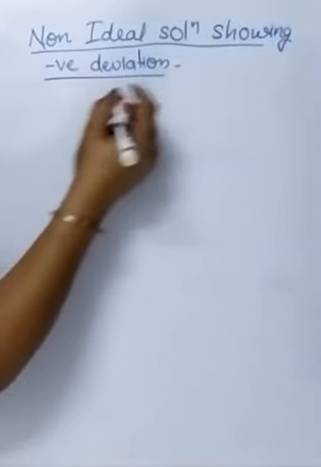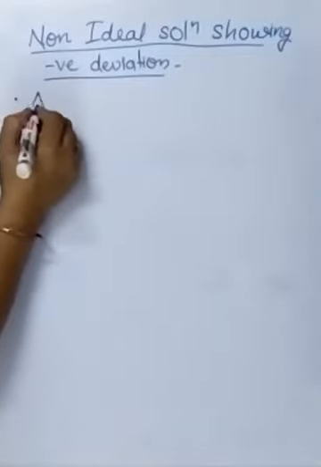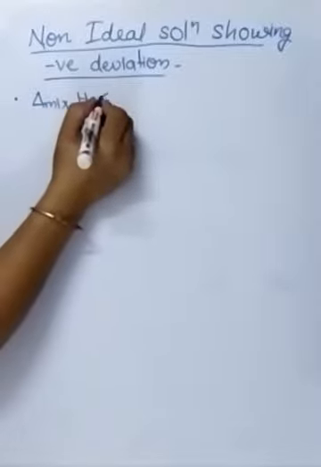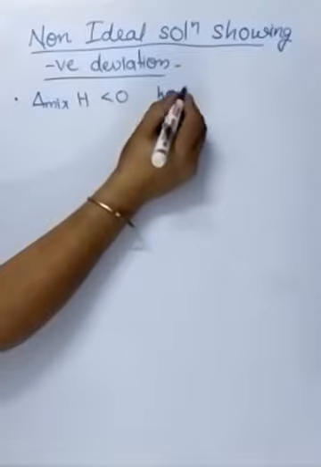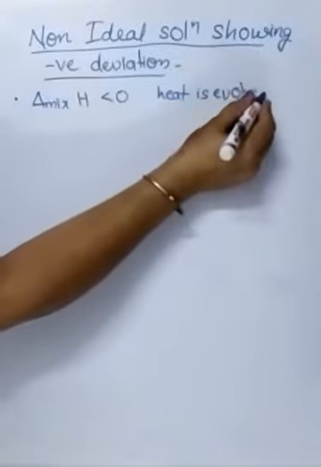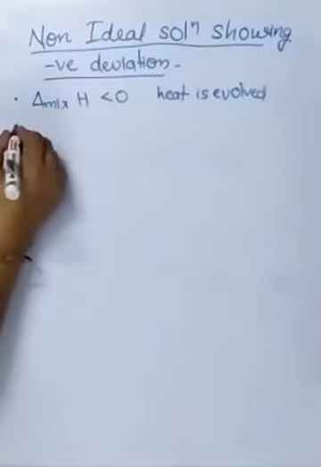Now it's easy for you. Here we will see del mixing H is lesser than 0. That means heat is evolved, process is exothermic, enthalpy decreases.